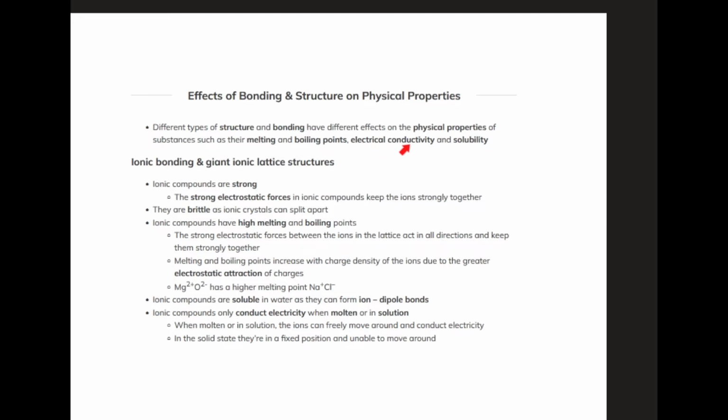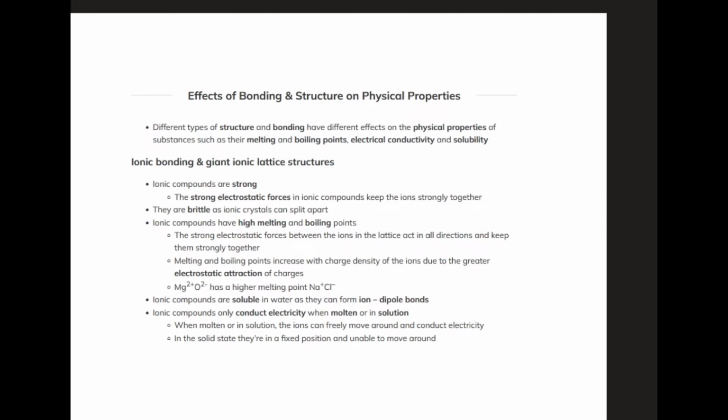For electrical conductivity, graphite can conduct electricity because it has delocalized electrons. And solubility depends on whether it can form bonds, intermolecular forces or hydrogen bonds with water. If they can do that, then they are soluble in water.